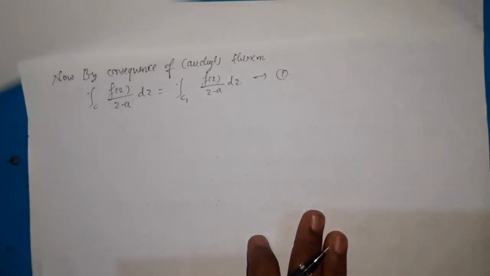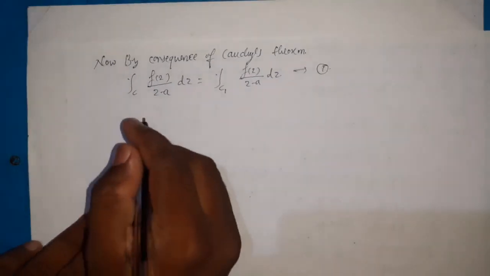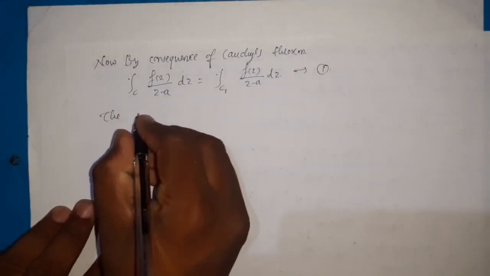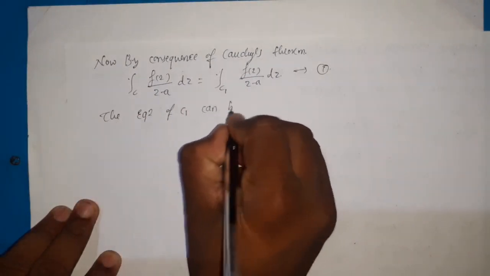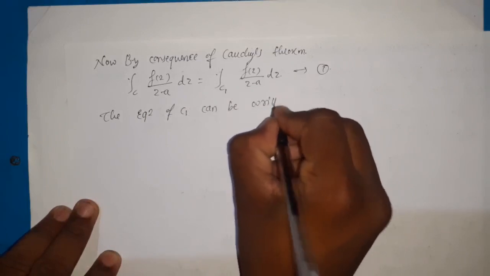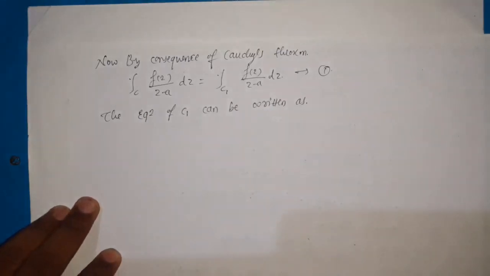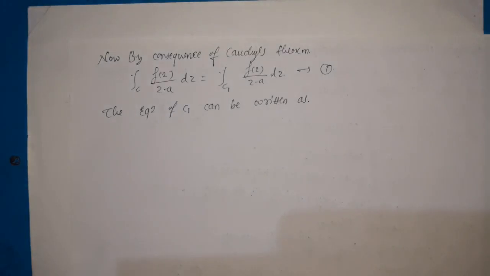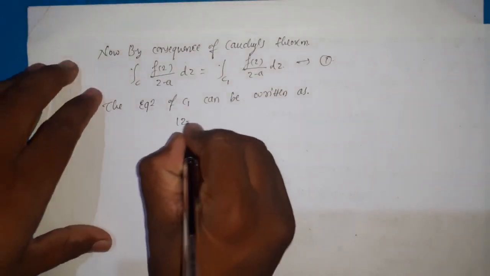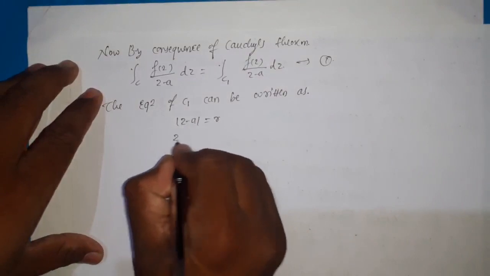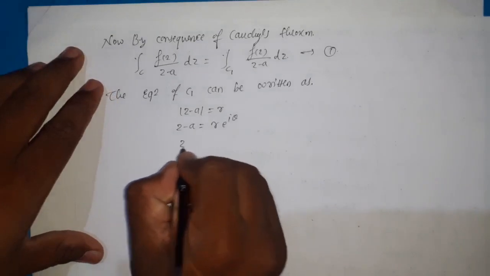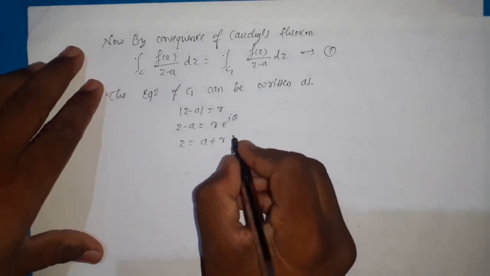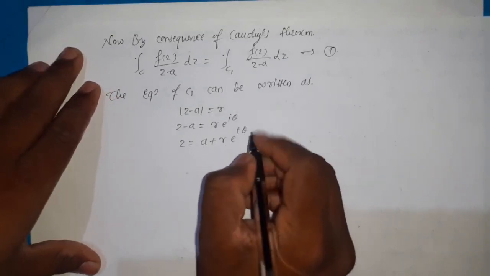So now the equation of C1 can be written as follows. We know that C1 is a circle with center a and radius r. So then we can consider mod of z minus a is equal to r, then z minus a is equal to r into e power i theta, and z equal to what? a plus r into e power i theta.